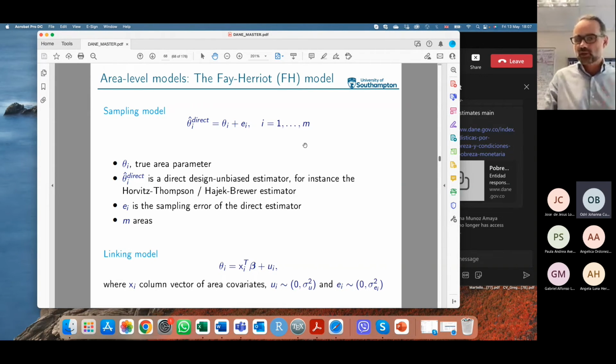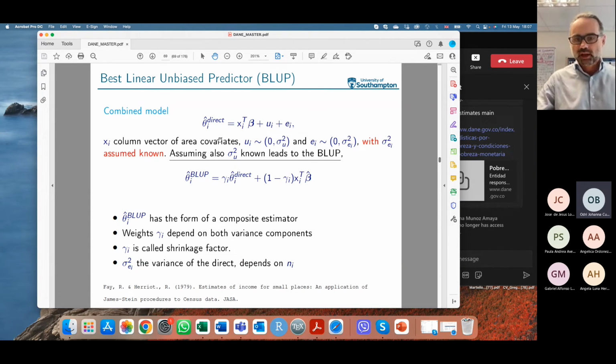Once you have this set up, then you are ready to estimate the Fay-Herriot model. The Fay-Herriot model has this form. On the left-hand side, you have the direct estimates. You don't have the actual values of the income as you would in a regression model, but you have the estimates of the average income for the municipalities, and you relate these estimates to a set of covariates, and you also include a random effect for the area.